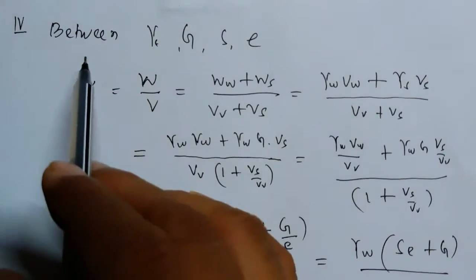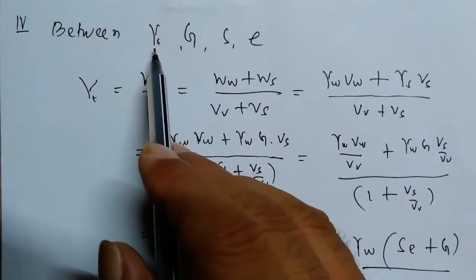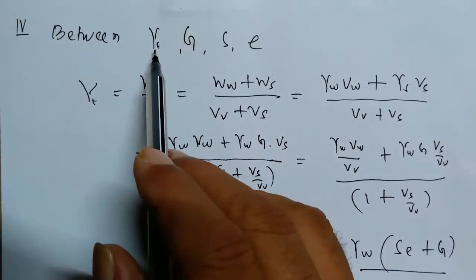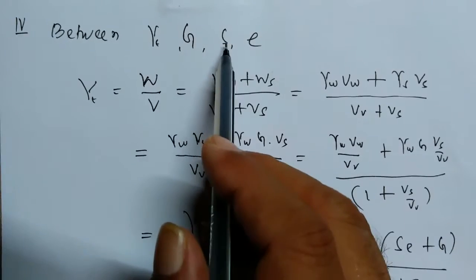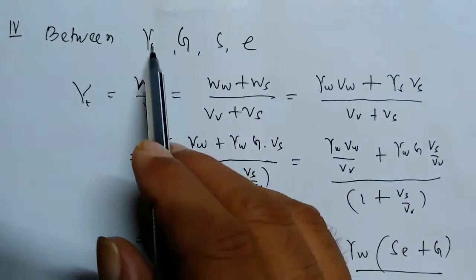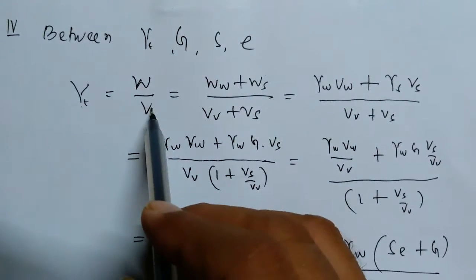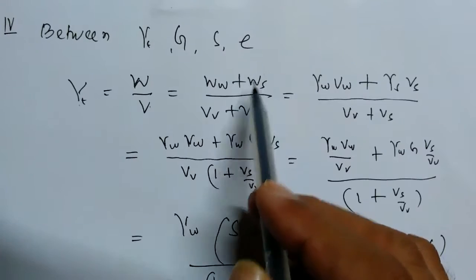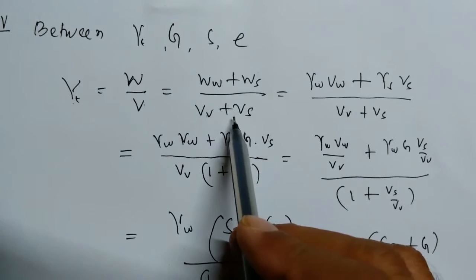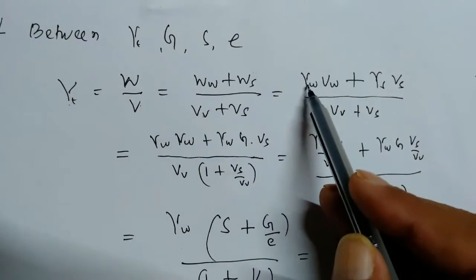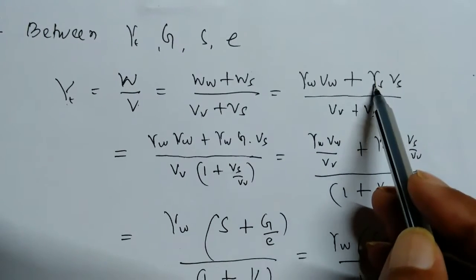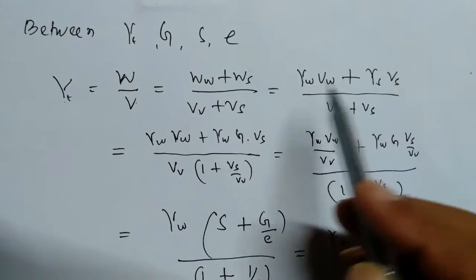Fourth important relationship is between total unit weight, G, S and e. Total unit weight, specific gravity of solid, degree of saturation and void ratio. So again let us begin with gamma T. It is W by V, which is weight of water plus weight of solid, over Vv plus Vs. Here weight of water can be written as unit weight of water into volume of water, and weight of solid can be written as unit weight of solid and volume of solid.